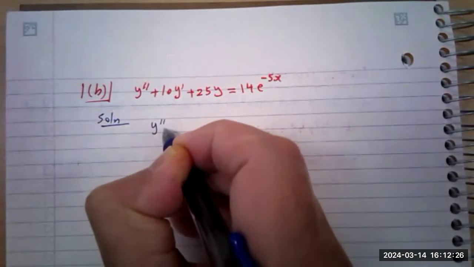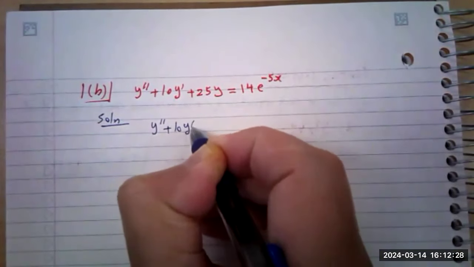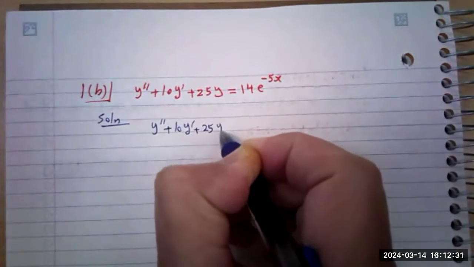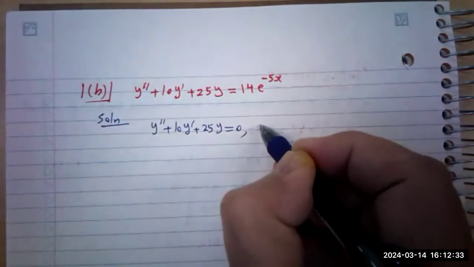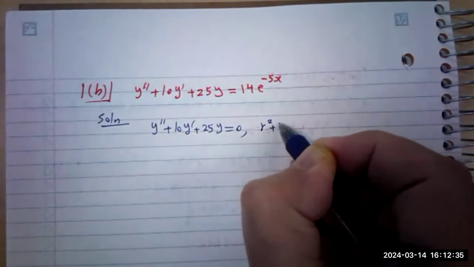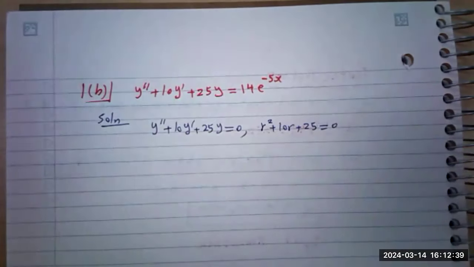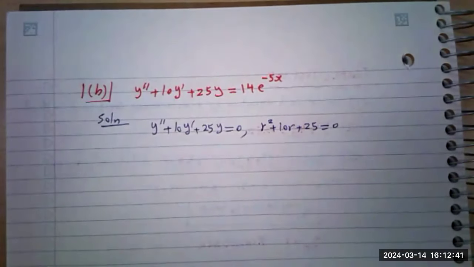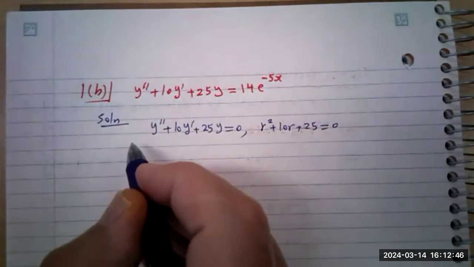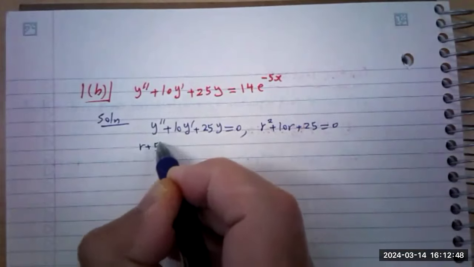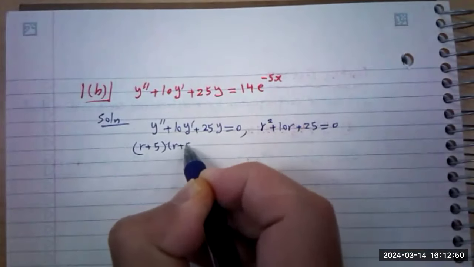The homogeneous one is y double prime plus 10y prime plus 25y. So the characteristic equation is r squared plus 10r plus 25. You factor it, and that gives you a repeated factor, because that would be r plus 5 times r plus 5, or r plus 5 squared.